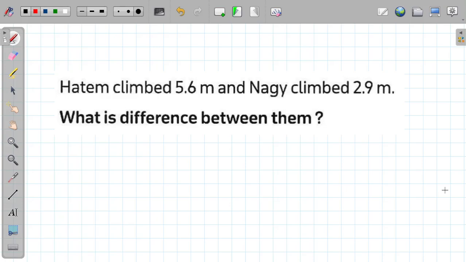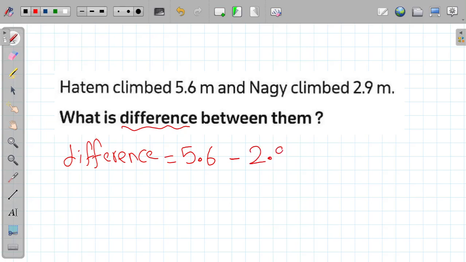Okay, next I have Hatem climbed 5.6 meters and Nagy climbed 2.9 meters. What is the difference between them? Okay, so if I wanted to find the difference, I will subtract the two numbers. So I will say here difference equals the big number 5.6 minus the small number 2.9.